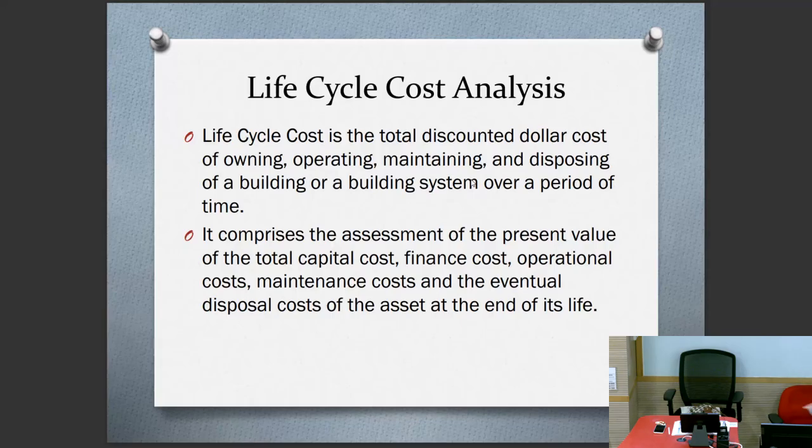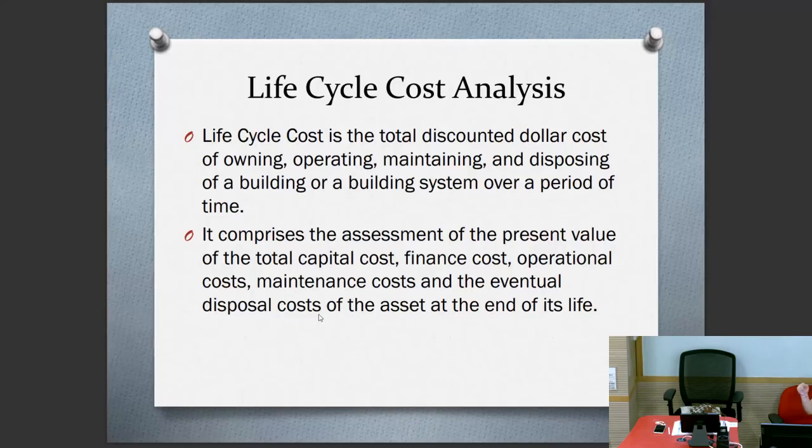For any kind of project, you can do the life cycle cost analysis. It is not a must to be related to carbon reduction. So the life cycle costs comprise the assessment of the present value of the total capital cost, the financial cost, operational cost, maintenance cost, and the eventual disposal cost of the asset at the end of the lifetime.